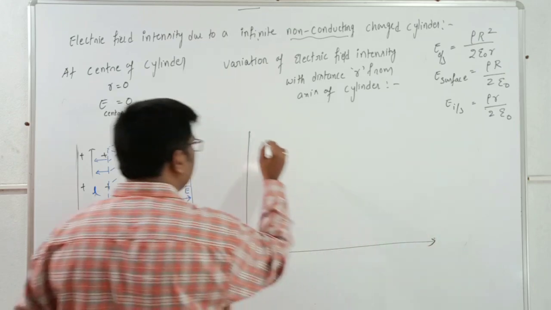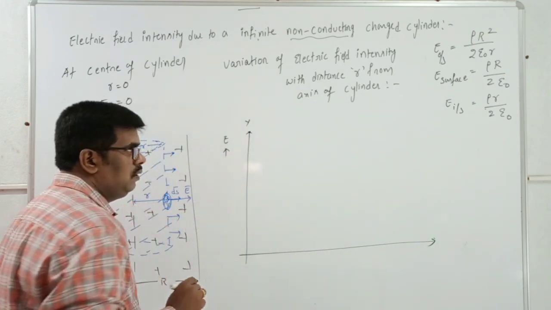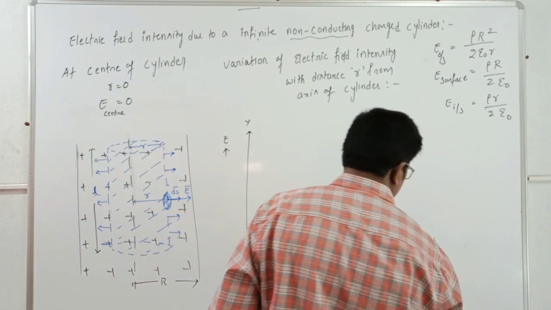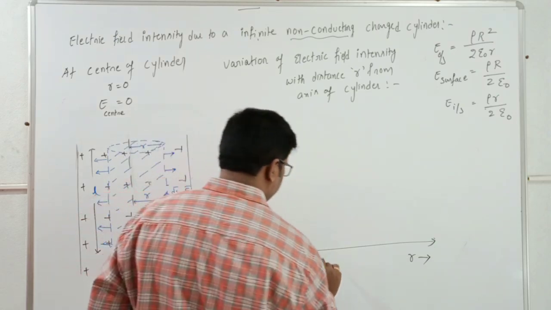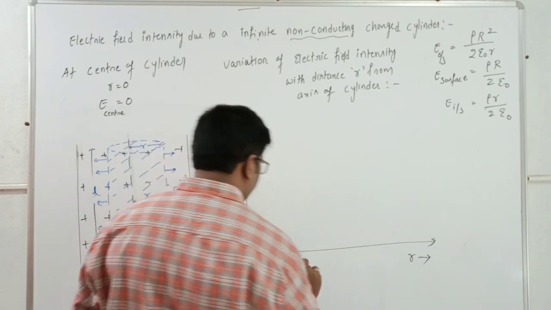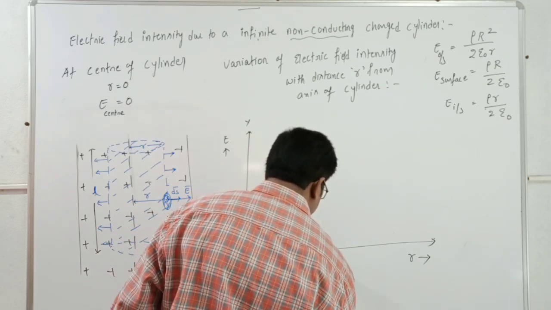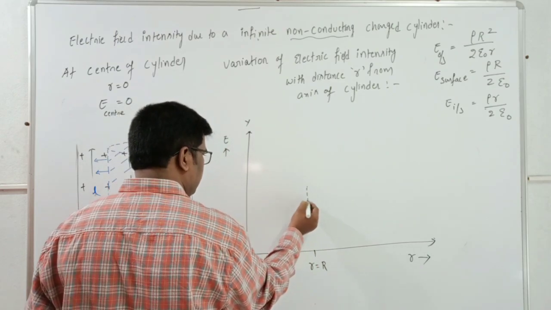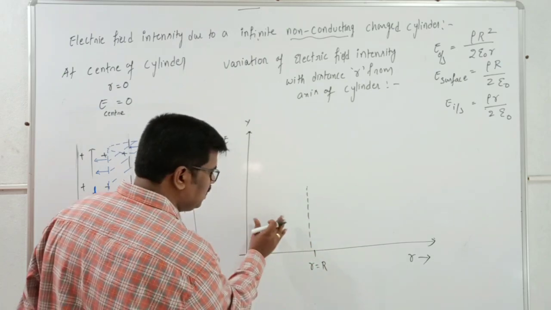I am taking the electric field intensity on the y axis as well as distance on the x axis. So this is the region of small r equal to capital R, meaning exactly over the surface. Up to this surface is the region inside.